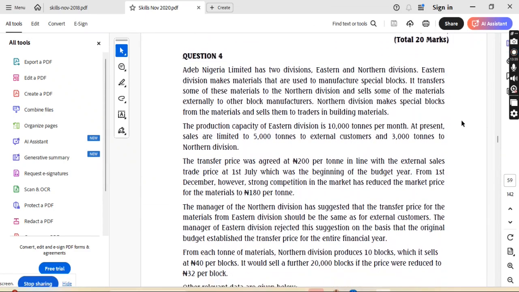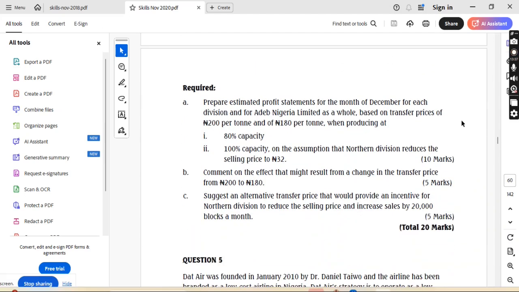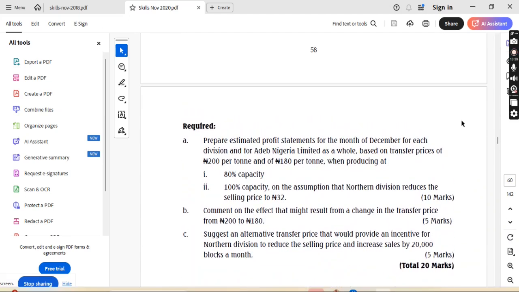Okay. First, we should read and understand the required first, right? This is November 2020, question 4. I can pass the question.